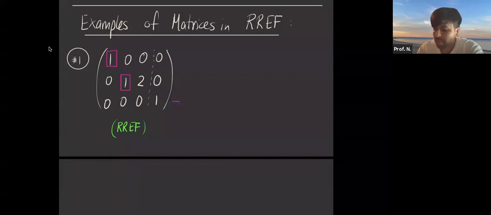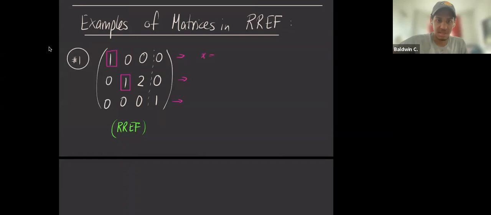How do we interpret the first, second, and third rows? The first row means x equals 1.